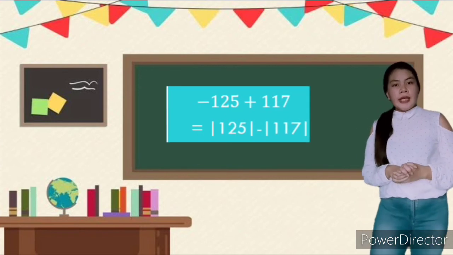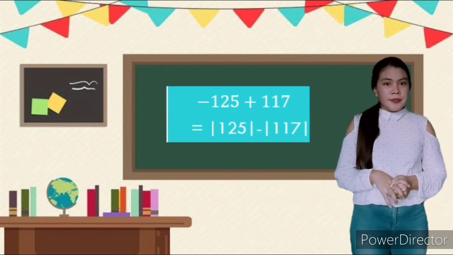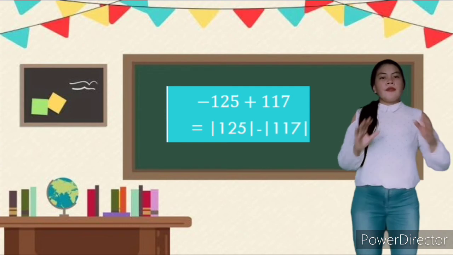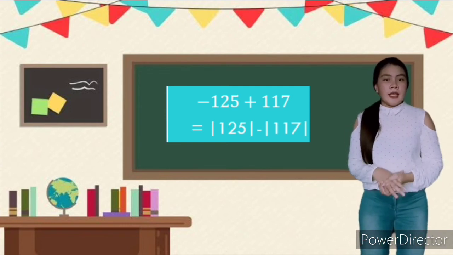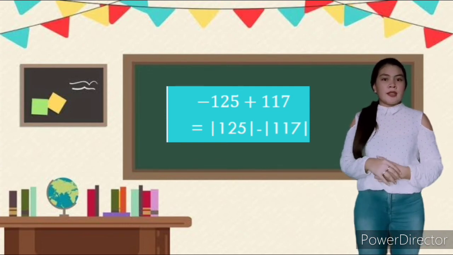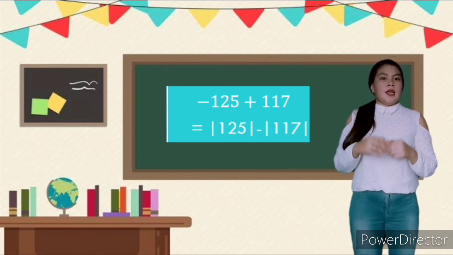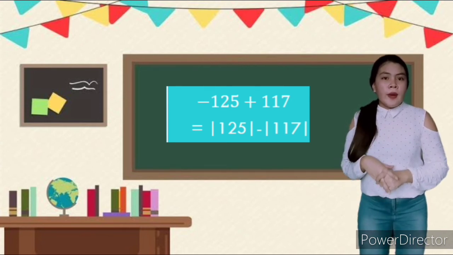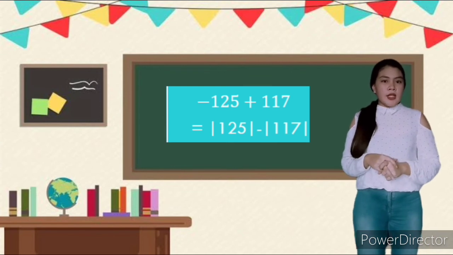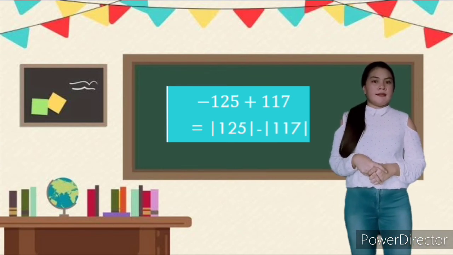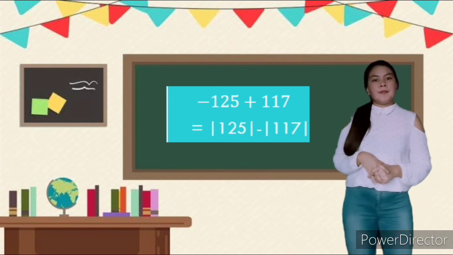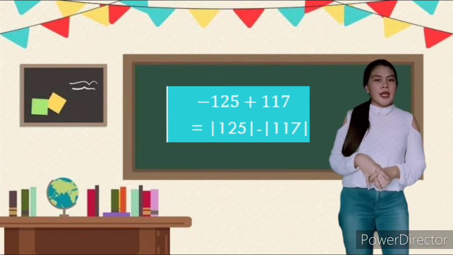So, according to step B, from the numbers obtained in step A, subtract the smaller number from the bigger number. So, 125 minus 117. So, what's the answer? Okay, very good.